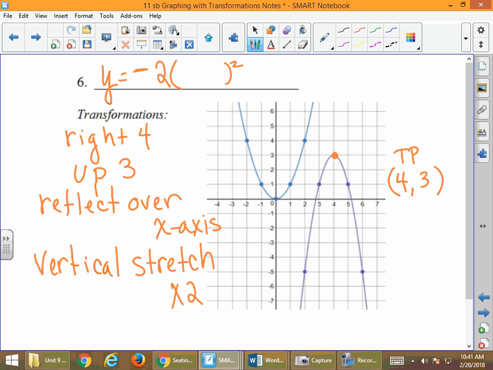And then we can do the rest. The parentheses change the sign. So it's going to be x minus 4. The sign is coming from the turning point, or the vertex. And then keep the sign, plus 3. Finally, to finish.